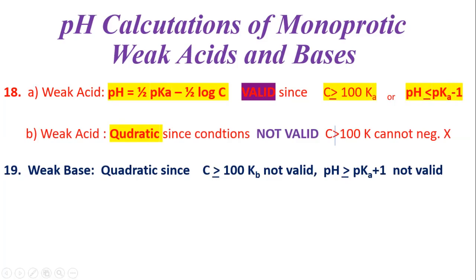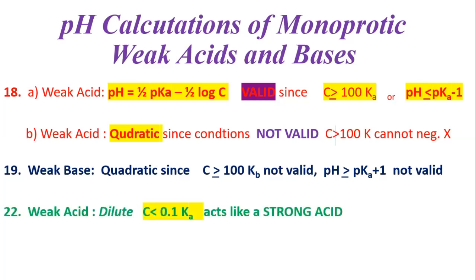And once I did a calculation of the pH, it had to be done with a quadratic equation, and I could not do it with any simplified equation. And if I had done it with a simplified equation as well, pH greater than pKa plus 1 was also not validated. You had to have tried those equations for me to move on to number 22.